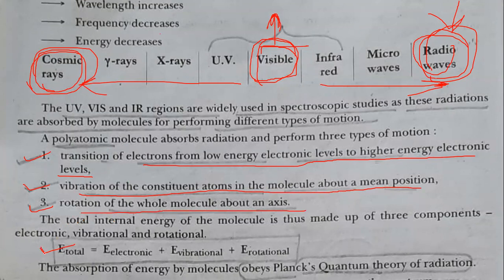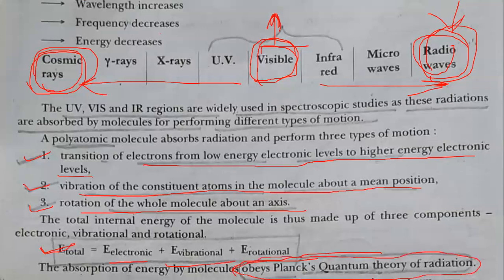So how can the total energy be calculated? The total energy given by any electromagnetic radiation to a molecule is equal to the electronic transition energy plus E vibrational plus E rotational. Absorption of energy is explained by using Planck's quantum theory of radiation.